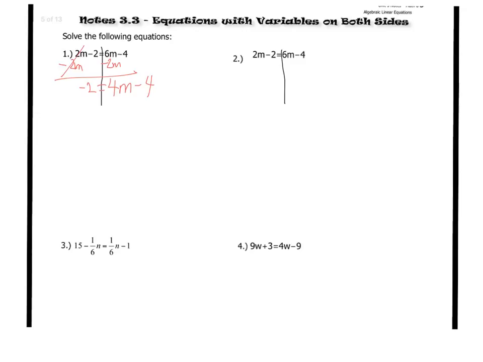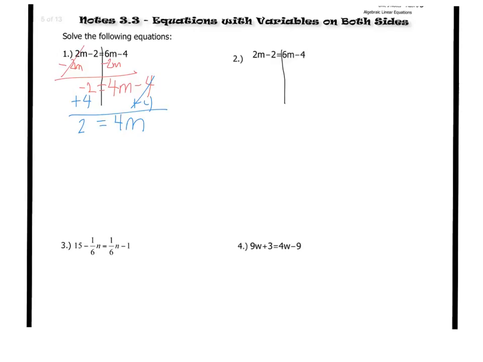Now we need to move the constants. Remember that constants are the numbers that do not have a variable attached. So to make negative 4 zero, we have to add 4 to both sides. So it's gone on the right-hand side. What we have left is 4m on the right-hand side and positive 2 on the left-hand side.